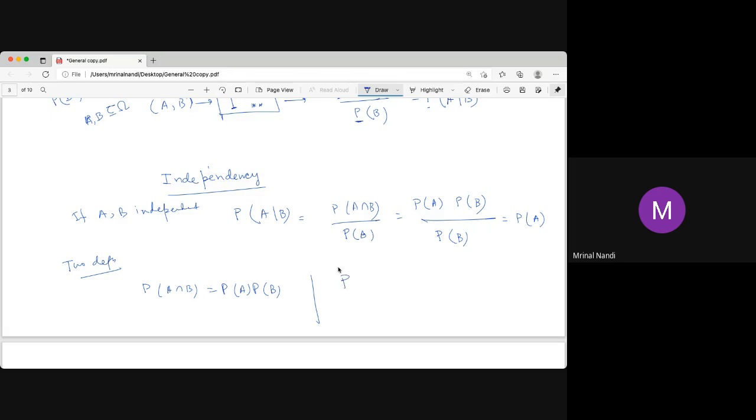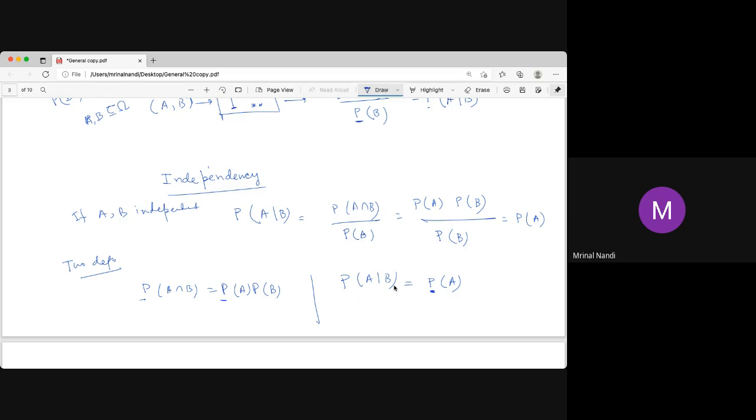The second definition is probability of A given B equals probability of A. Now this P is not the same, it is different. These three P's are the same, and this probability is conditional, so it is different from the other three.